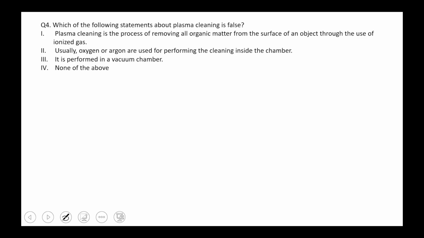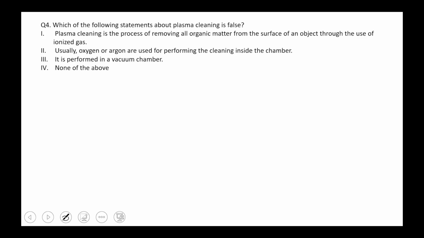If some bacteria will be there, how do you kill that bacteria? Through antibiotic? Antibiotic we have to take. But suppose in your lab, how do you sterilize the instrument?